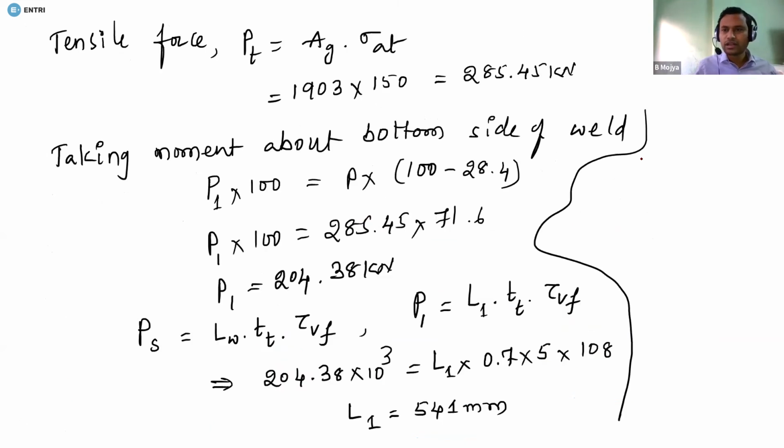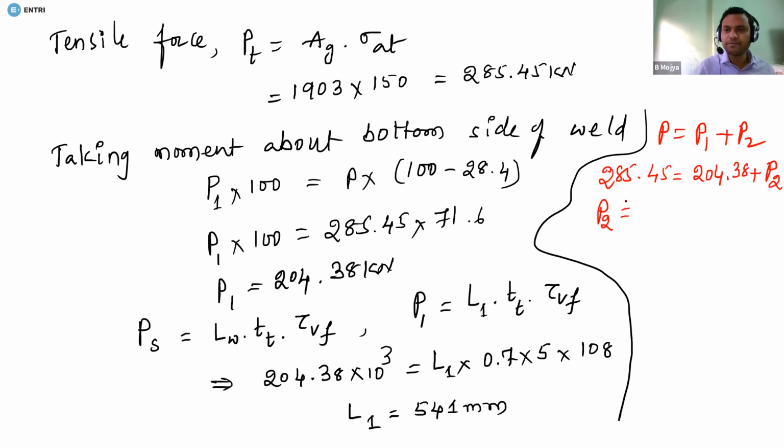Now we know that P is equal to P1 plus P2. P is the total force, 285.45, which is equal to P1, 204.38. Now P2 is not known.